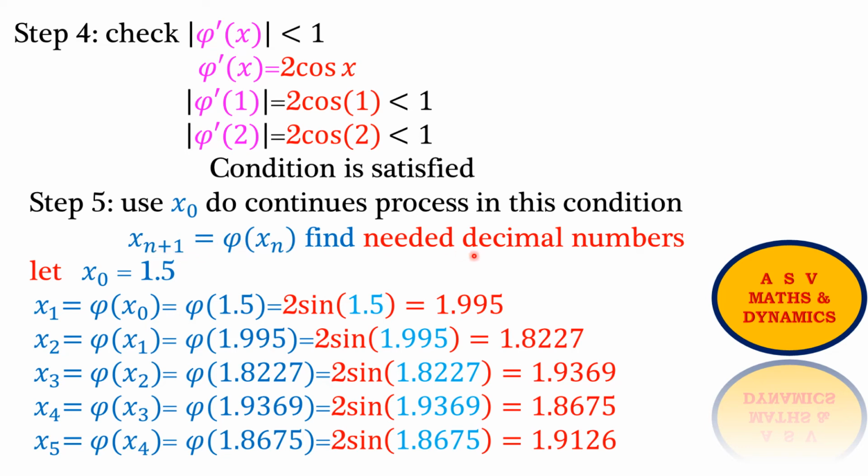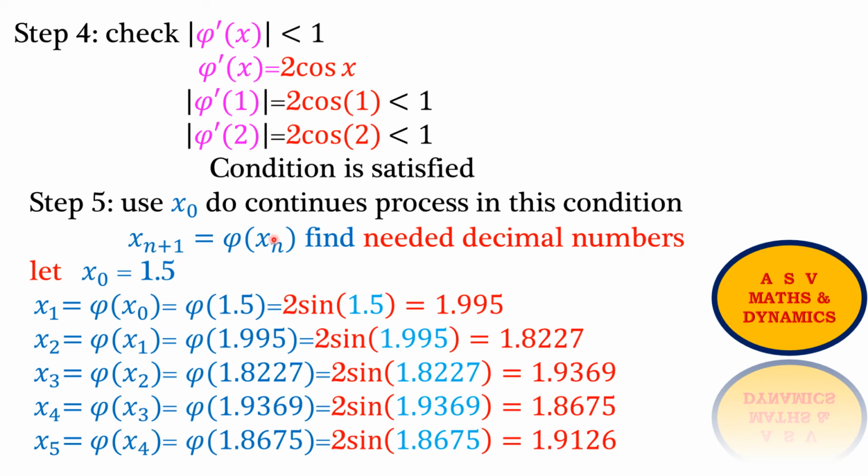Find the needed decimal numbers. How many decimals? 3 decimals we need. You use x naught equal to 1.5. Before you apply 1.5, you must check that all the conditions are satisfied, then you start.